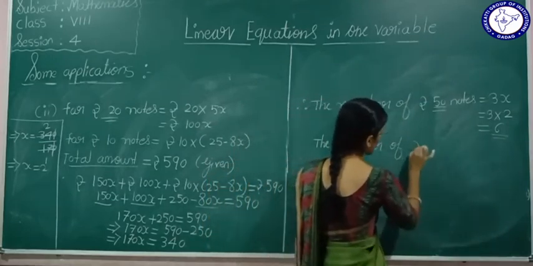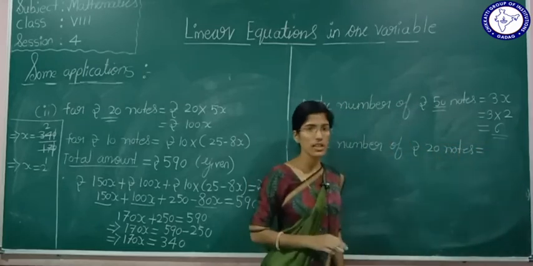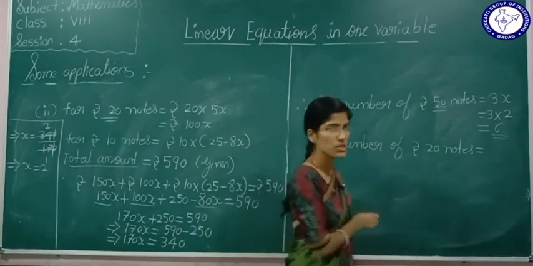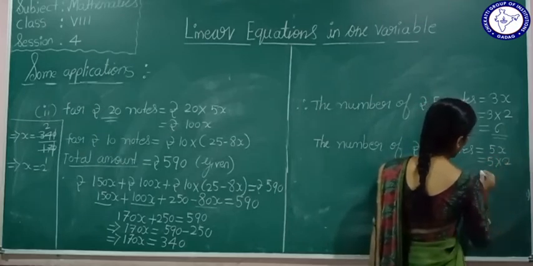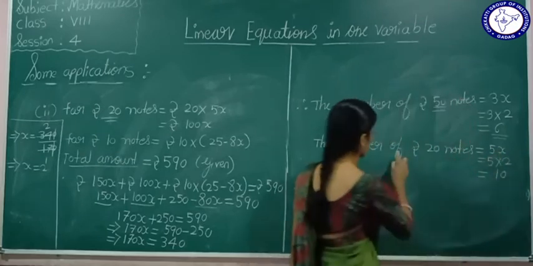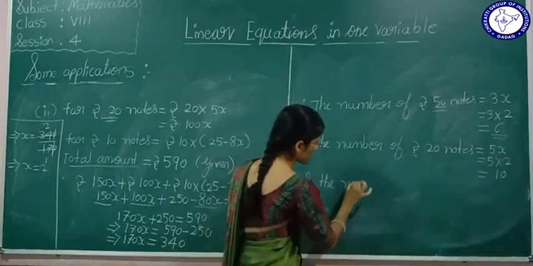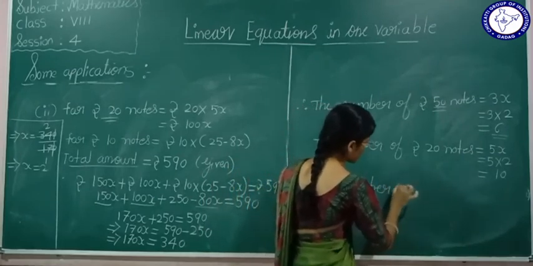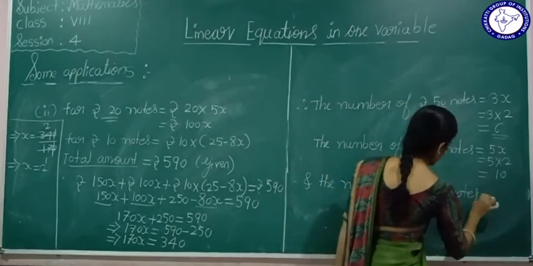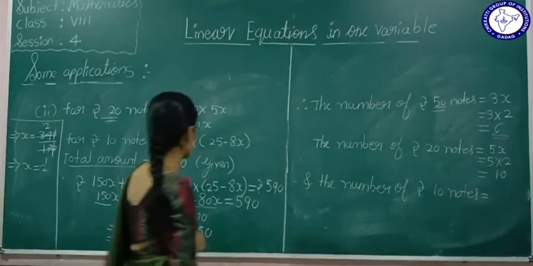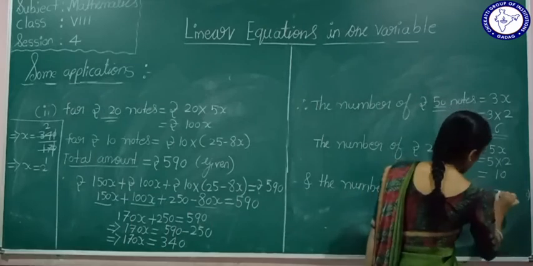Okay. The number of rupees 20 notes. What did we take in the question? They gave the ratio 3:5. We took the number of rupees 20 notes as 5x. That is 5 multiplied by 2. How many 20 rupee notes? That is 10. And the number of rupees 10 notes, we took as 25 minus 8x.